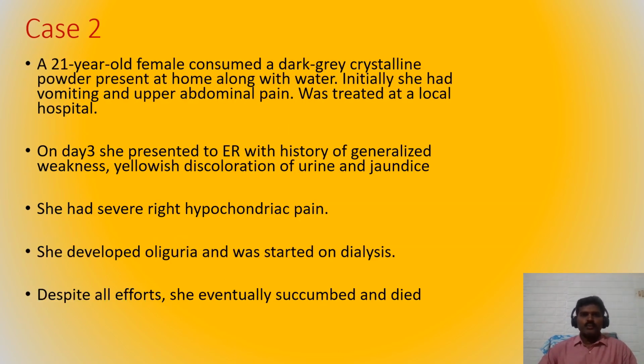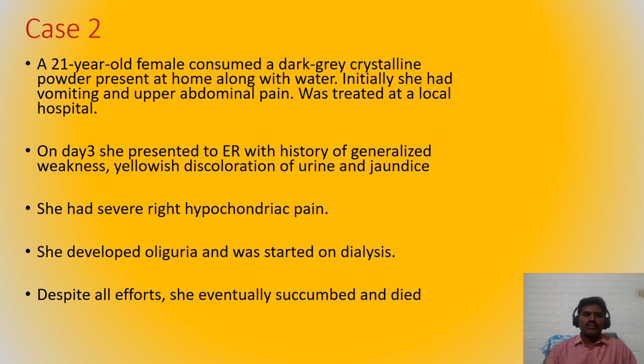Case 2. In this case, what are the clinching points here? Dark gray crystalline powder. And the patient initially had gastrointestinal manifestations. Then there is a period of quiescence, and then the patient developed signs of liver failure.